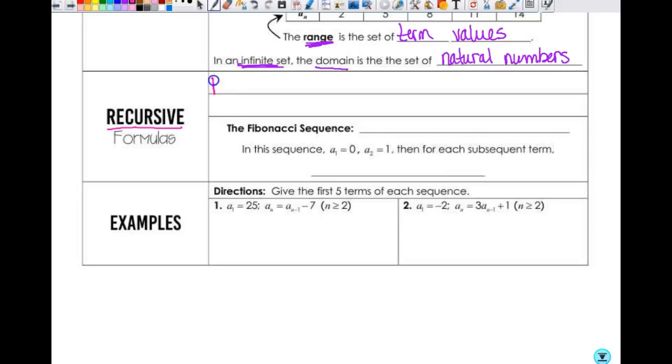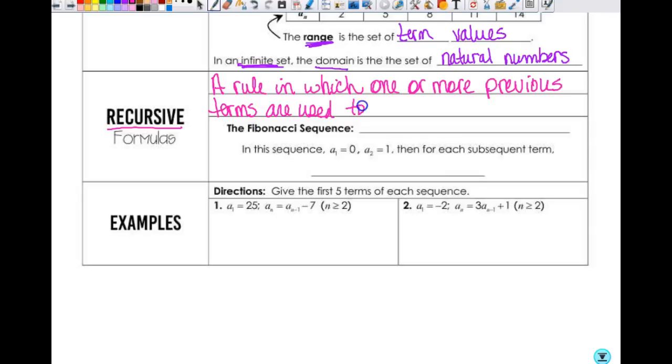So a recursive formula is a rule in which one or more previous terms are used to generate the next term.